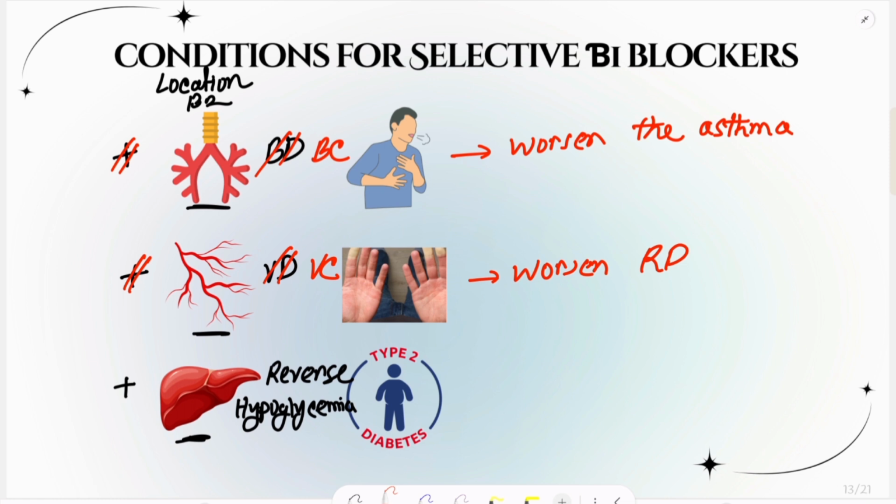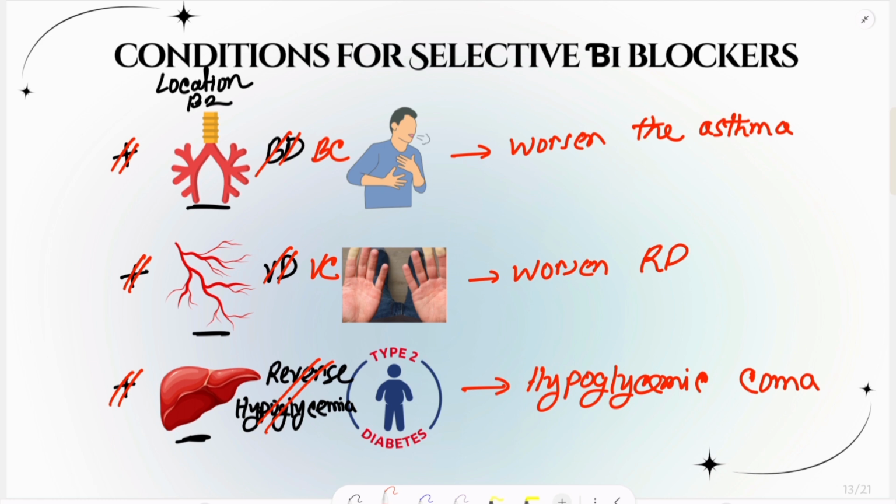And if we block the beta 2 receptor on liver, that blocks the reversal of hypoglycemia. So a patient can go to hypoglycemic coma. We know that when the beta 2 receptor on liver is stimulated, that moves the metabolism in such a way that there is production of glucose and the hypoglycemia is reversed. And in which patient is hypoglycemia usually seen?